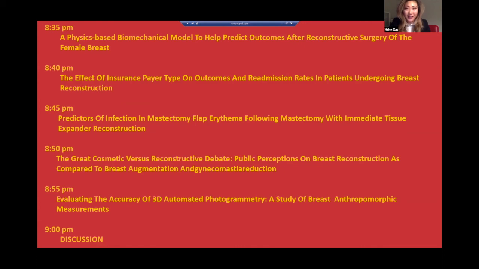The priority there was understanding how the insurance status could potentially correlate with the reconstructive versus cosmetic aspect of it, whether that makes a difference or not, and whether or not that actually correlates with the willingness to pursue and the values reflected in plastic surgery. So it's a very good question that I think we need to study in the future. But at this point, we don't think there's enough data on public perceptions and the landscape surrounding public opinions to make the decisions that we need to.